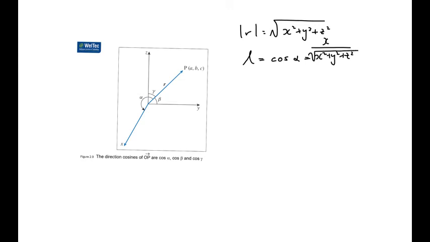M would be cos of beta, which is the angle between the vector and the y-axis, and N this time, because it's in 3 dimensions, is going to be the cosine of gamma, which is the angle between that and the z direction.